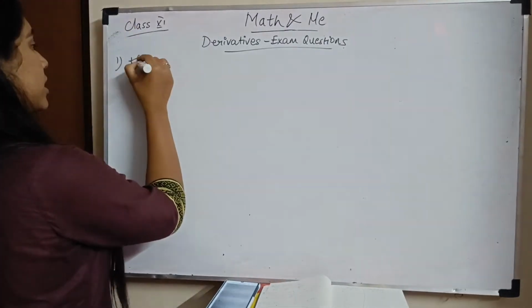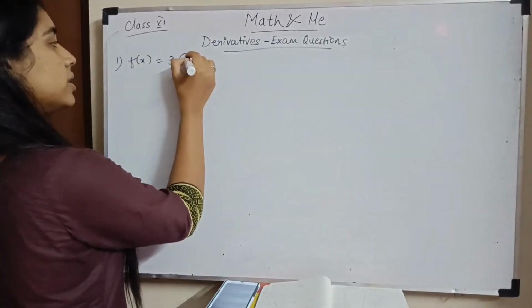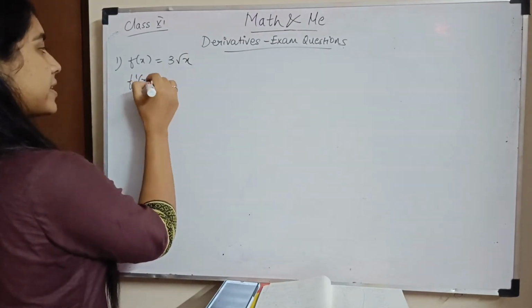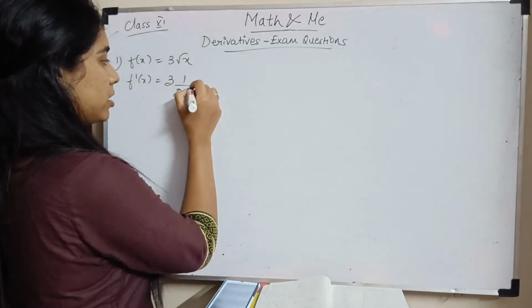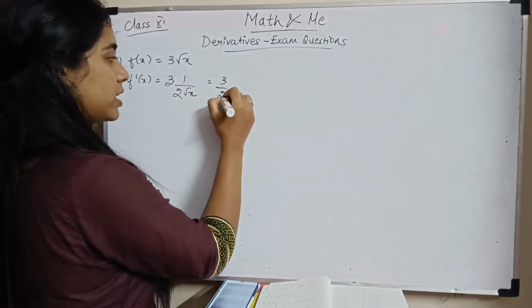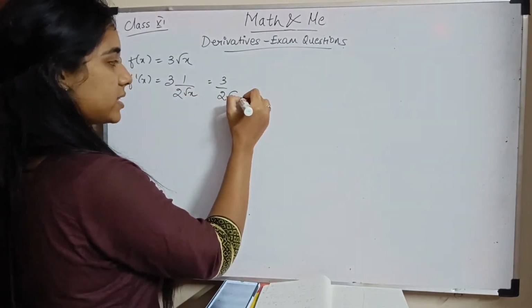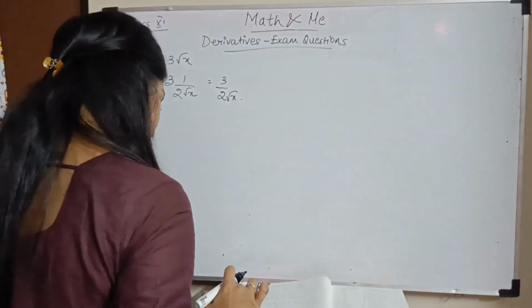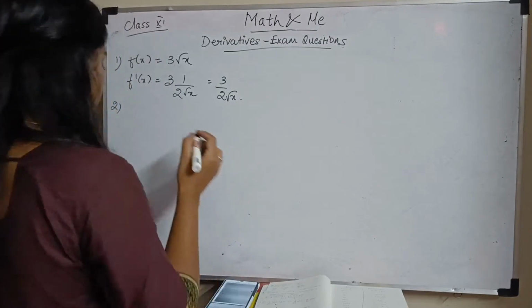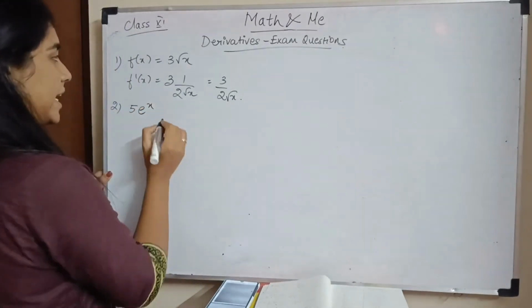Question number 1. F of x is equal to 3 root x. So f dash of x enna 3 times derivative of root x, which is 1 by 2 root x. So what do you have? 3 by 2 root x. This is your answer. Second question. You have 5 e to the x.